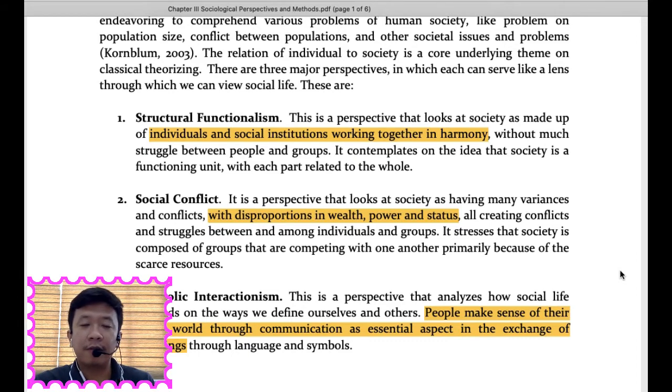So if you look at, for example, the passing rates of many licensure examinations, yes, may mga areas na matataas talaga, institutions na matataas, pero if you look at the general picture of licensure examinations, yung national passing rate napakababa. So mortality rate, yung mga hindi nakakapasa, napakataas. In my case, for example, when I took the LET, the licensure examination for teachers in 2014, we were 90,000 plus takers.